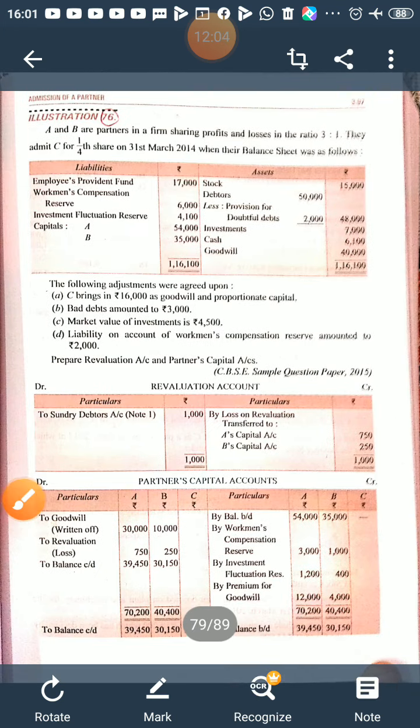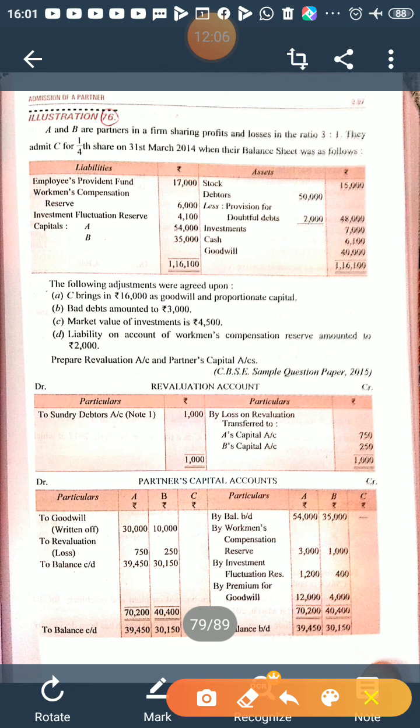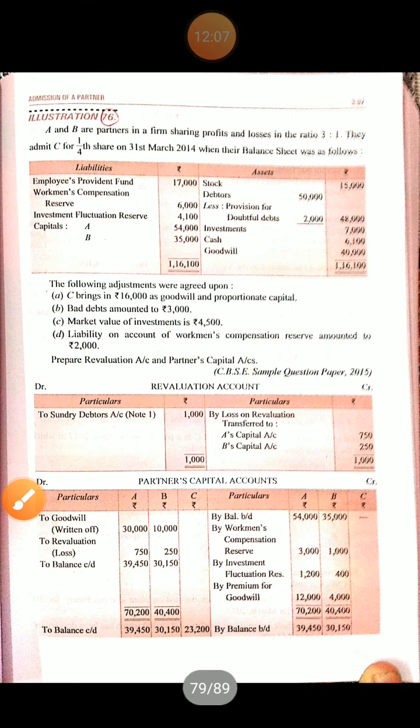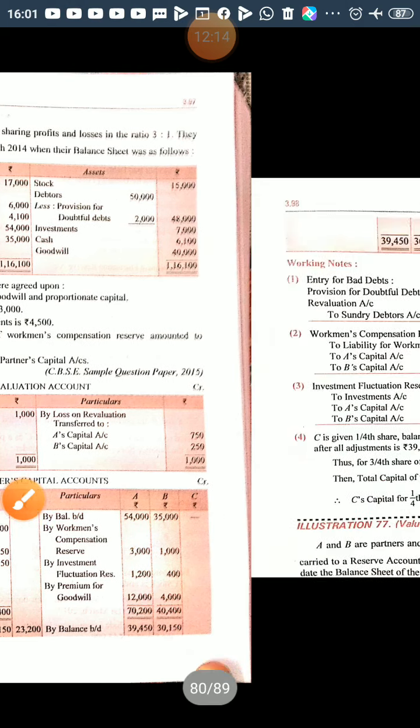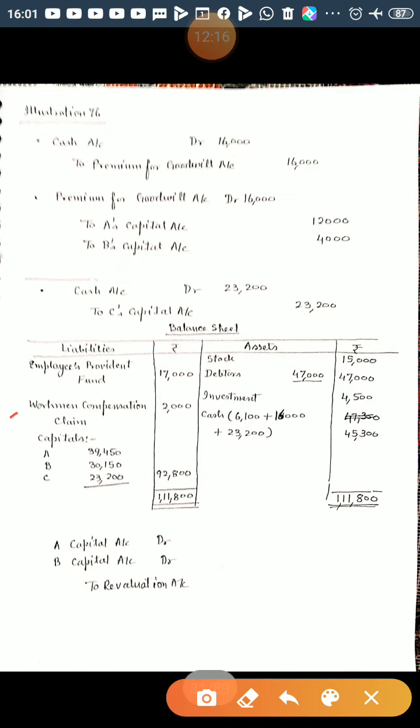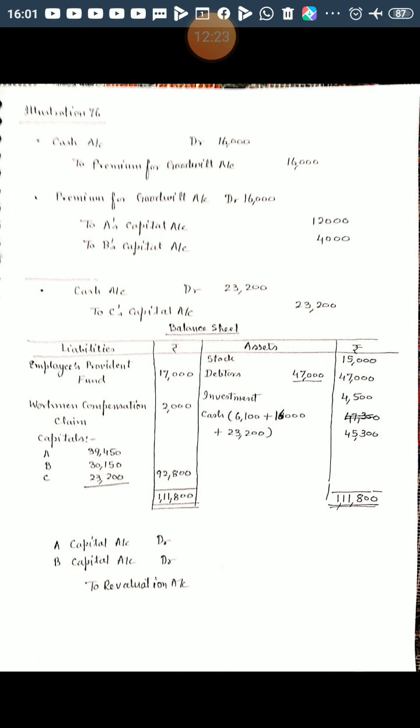So I am showing you how they have shown. They have shown 3,000 and 1,000, and in the balance sheet workmen compensation claim will be shown as 2,000. I hope you would have understood.